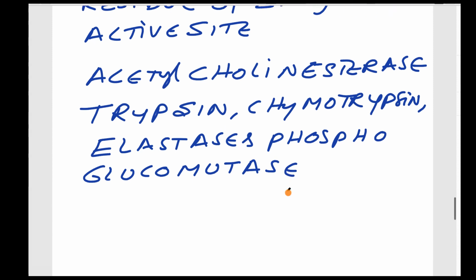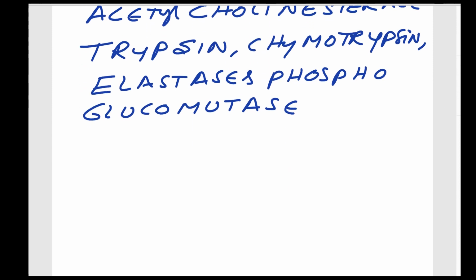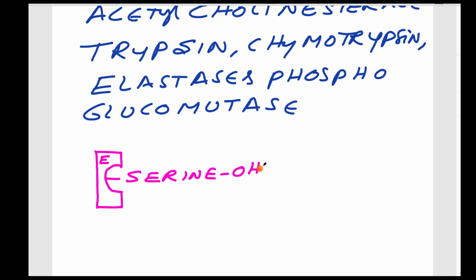Let us see the mechanism. This is the enzyme. This is the active site. At the active site, there is a serine present. Serine has the OH group, plus DIPF, diisopropyl fluorophosphate.